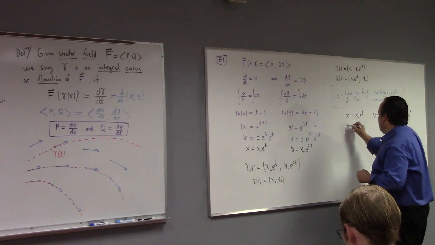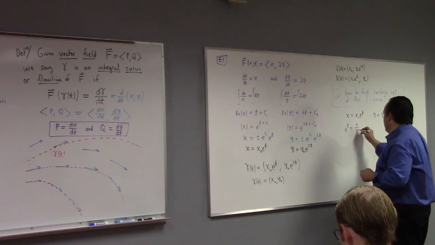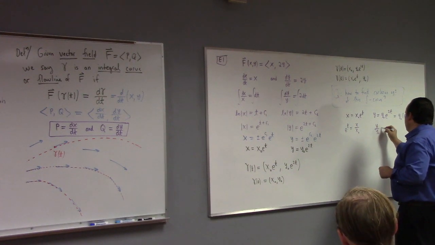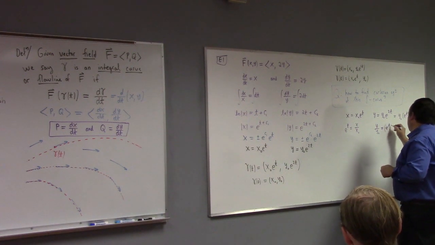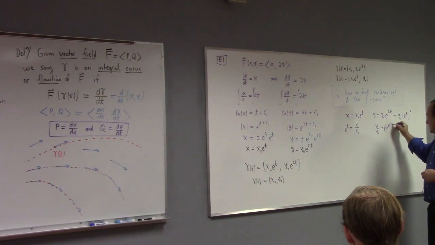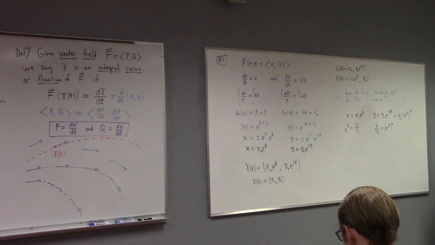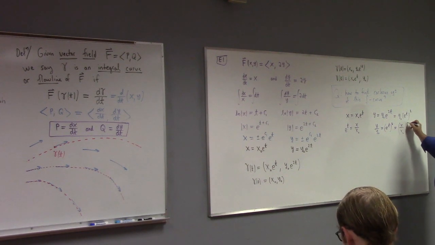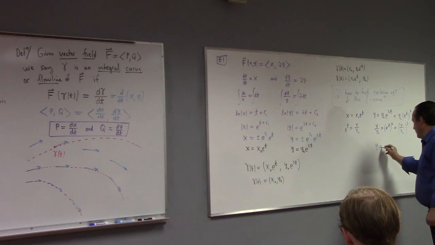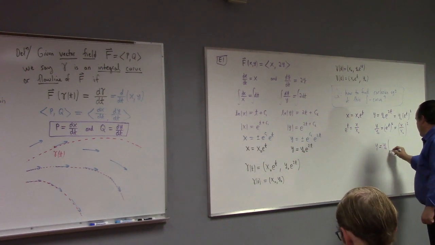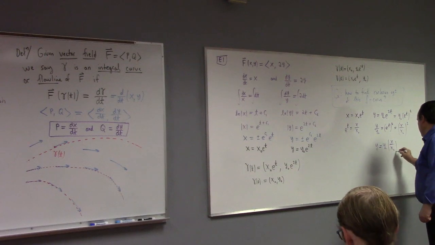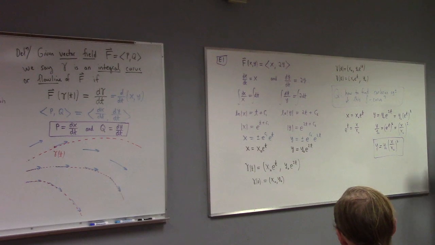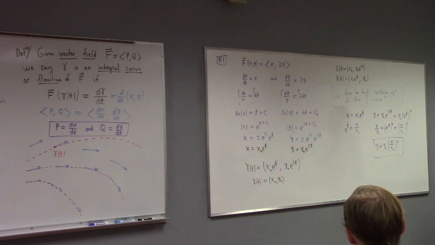So e to the t is really x over x naught, which gives me y is equal to y naught times x over x naught, quantity squared. There you go. Hooray. That is the equation of the integral curve in this context.